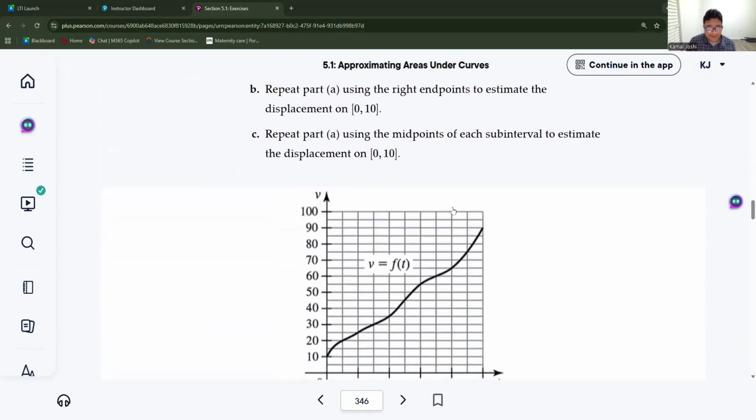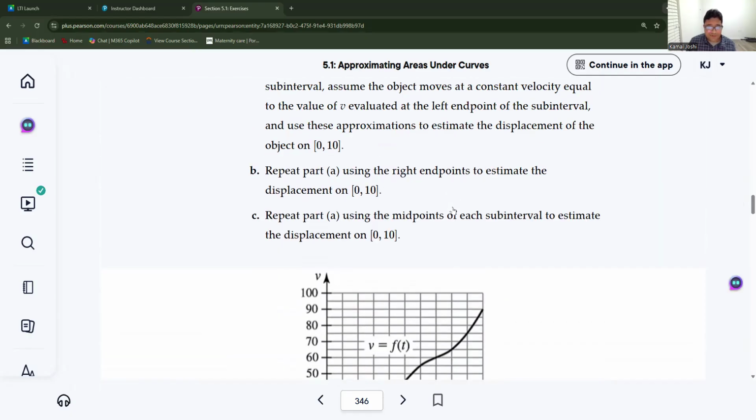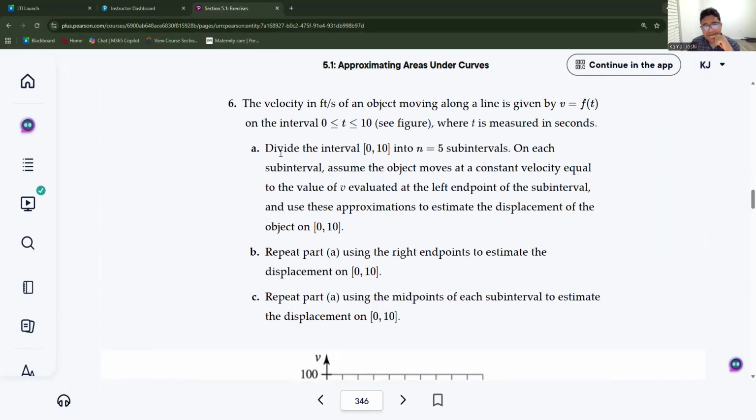Is this also asking for a diagram? Let's read the question. The velocity is given here, divided into 5 subintervals. On each interval, assume the object moves at a constant velocity evaluated at the left endpoint. So this one is asking you to do both.